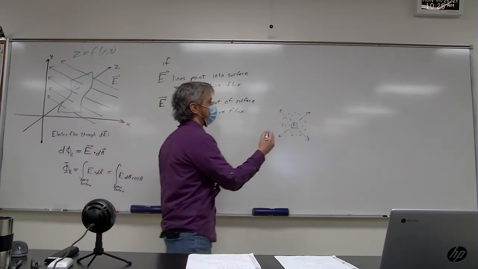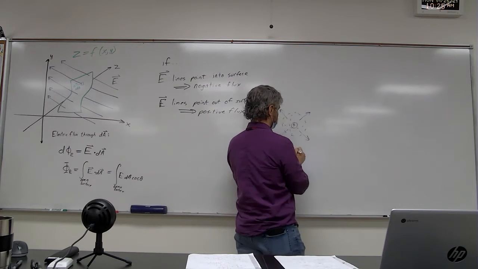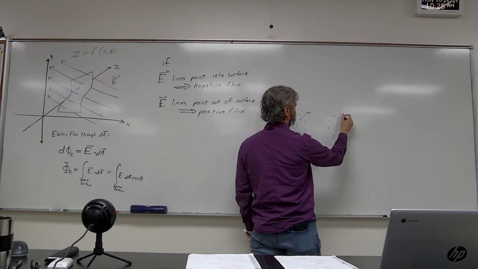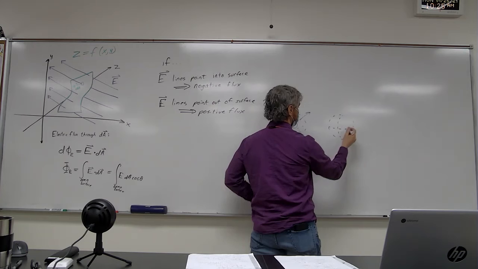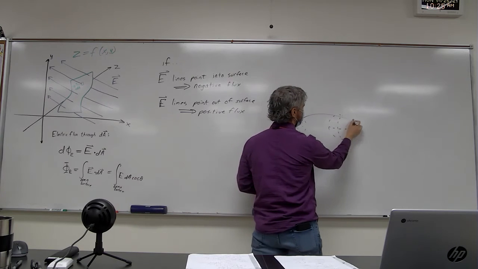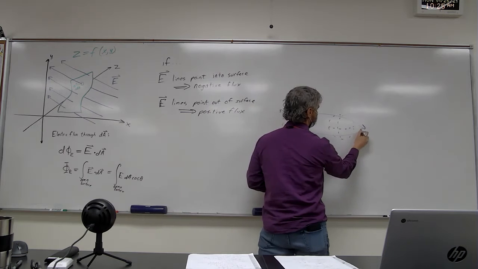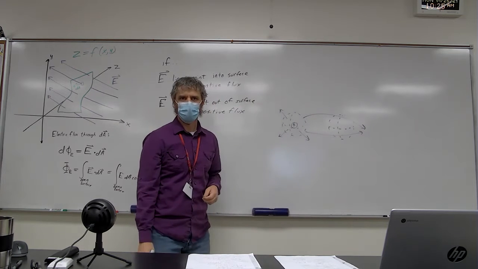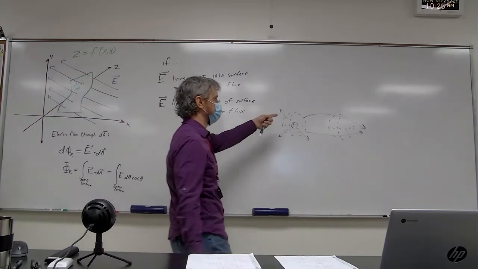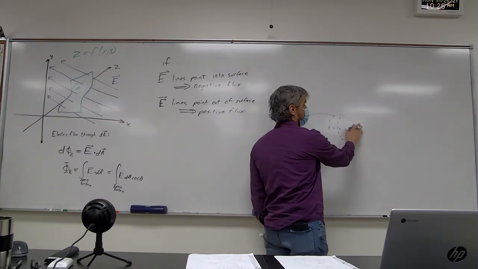Let's say I have that charge here, but then I just have a surface that's here. It's not enclosing that charge. Well, any field line that comes in will then go out, right? So the net flux there is going to be zero, because there's no way of drawing electric field lines if this is enclosing no charge.